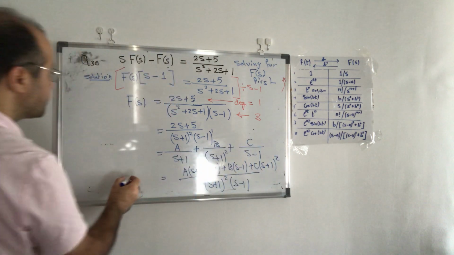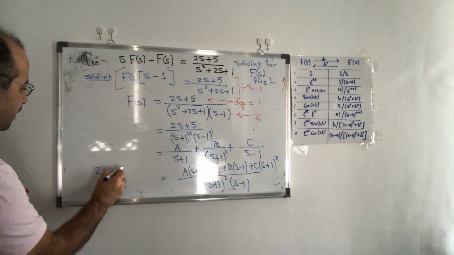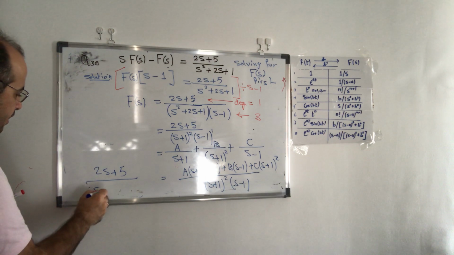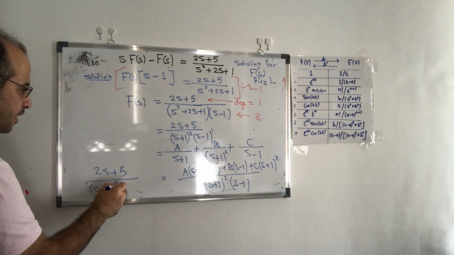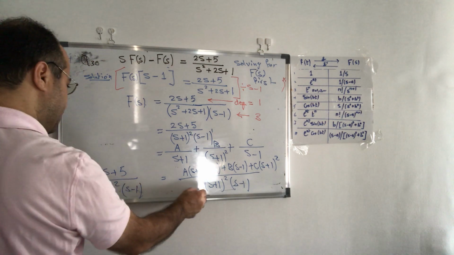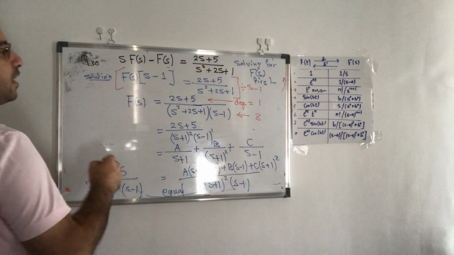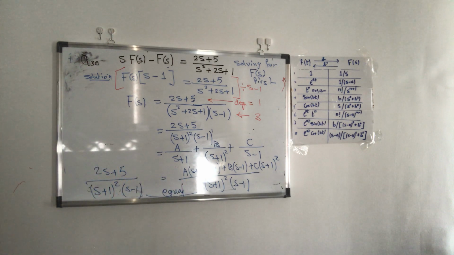This is supposed to equal (2s plus 5) divided by (s plus 1) squared (s minus 1). The denominators are equal, so the numerators should be equal.